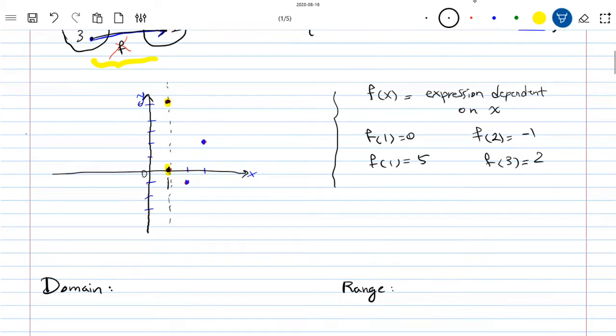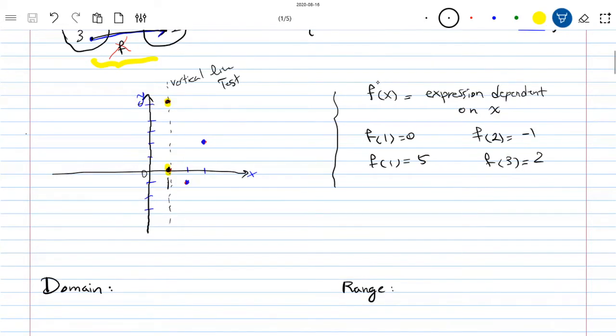If that ever happens, then you do not have a function. And there is a test for this. We call it the vertical line test. That means if you draw any vertical line, if it crosses 2 points, if 2 points belong to the same vertical line, then you do not have a function, because they both have the same x value, different y values.